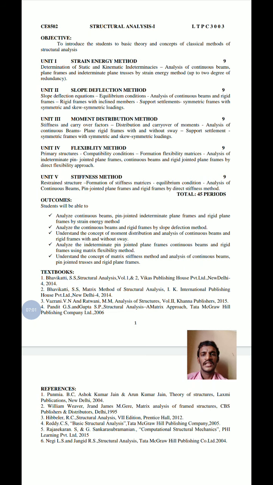In this method, we analyze continuous beams, framed structures, as well as truss members. In the analysis of truss members, as already told in the strain energy method, we use the method of joints for calculation of each and every force. It is mostly similar to the first unit for analysis of trusses. Only the formula of the flexibility method or strain energy concept varies. All other steps are the same, like the method of joints.